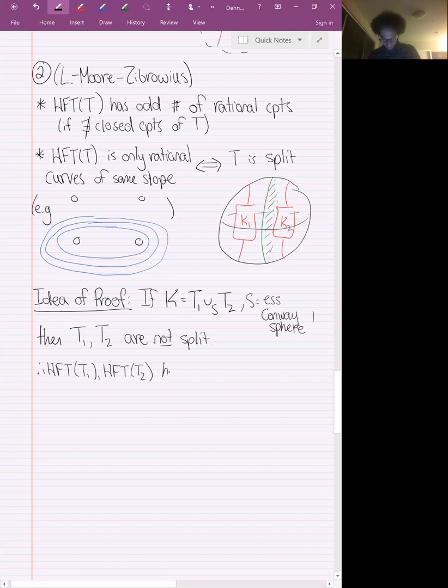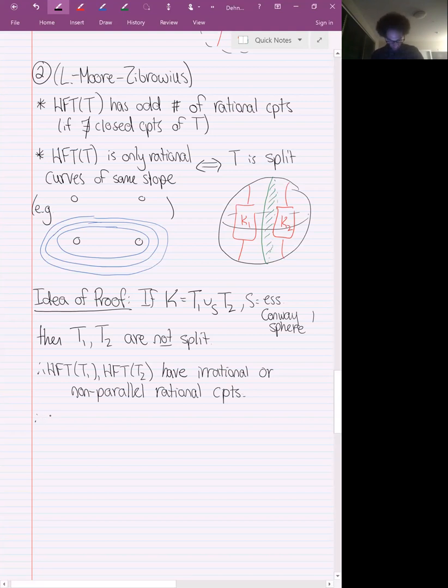So they either have an irrational or some, let's say, non-parallel rational components. But the point now is that this tells us that these tangle invariants, these immersed multicurves, have to intersect in a lot of places.